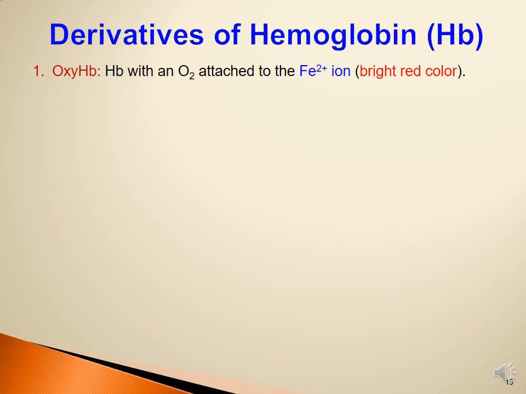Now, what are the different forms or derivatives of hemoglobin? Assume we have hemoglobin A, and what are the forms of hemoglobin A? We have something called oxyhemoglobin, and this is hemoglobin with oxygen attached to the ferrous iron ion. It is bright red in color, as I said earlier. We have deoxyhemoglobin. It is hemoglobin without oxygen. So hemoglobin that releases all the oxygen to the peripheral tissue becomes deoxyhemoglobin, and it is dark red in color.